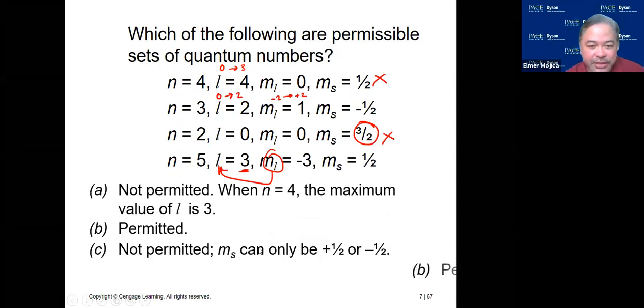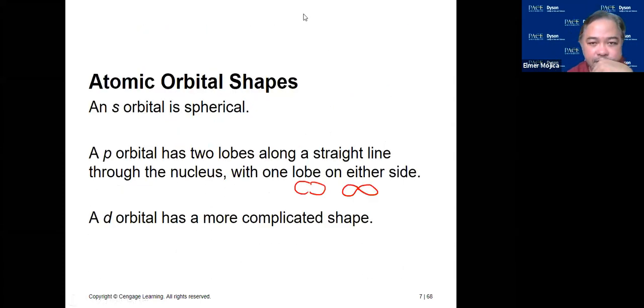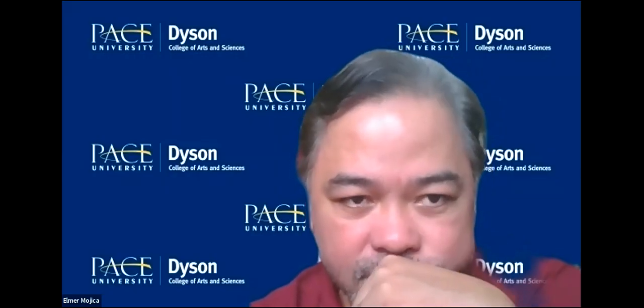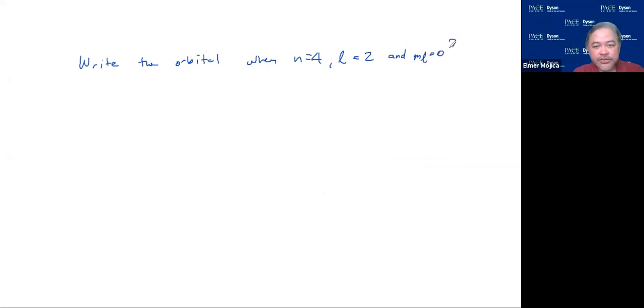Okay, so let's say you're given this. Write the orbital when n is equal to 4, l is equal to 2, and m sub l is equal to 0.